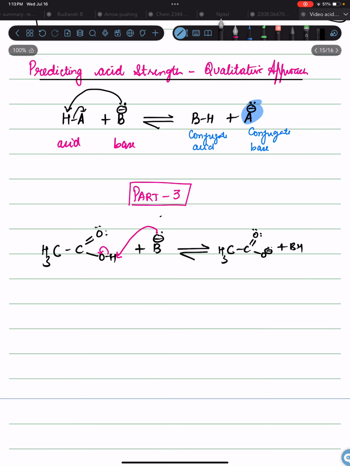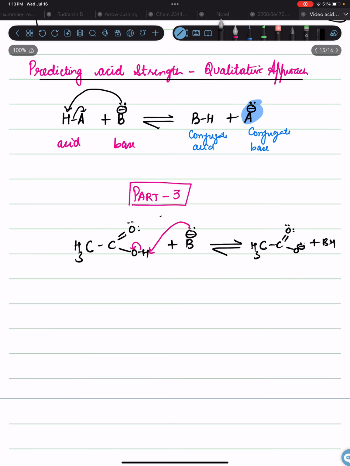Now suppose I have a question where I have to compare this with trichloroacetic acid. This is trichloroacetic acid, and a base abstracts the most loosely bound proton, generating the carboxylate anion.